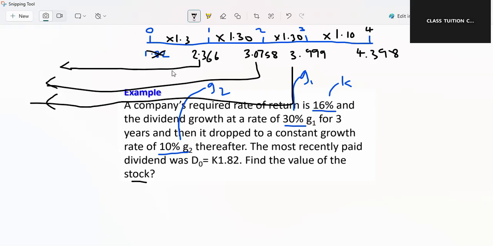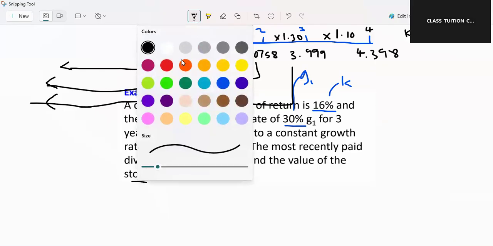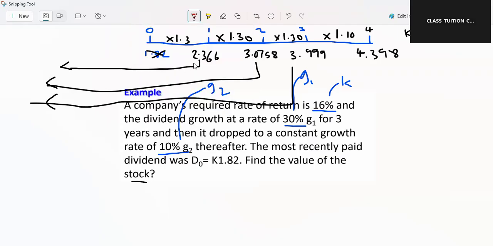So just getting the present values. So here is 2.366 and our market rate is 16%. So we're going to divide this by 16% so that we get the discounted values. So when we divide by 16% here, it should be 1.16 to the power 1.